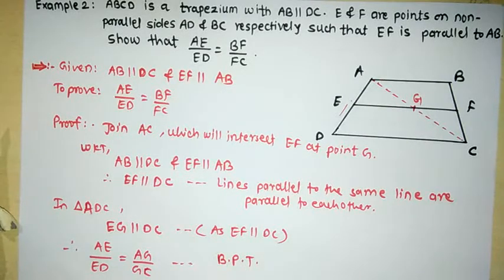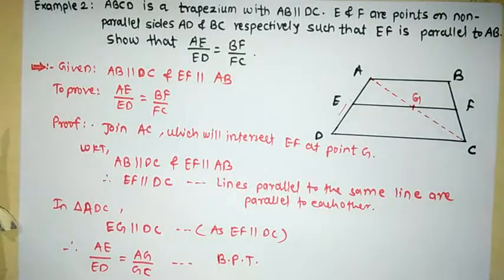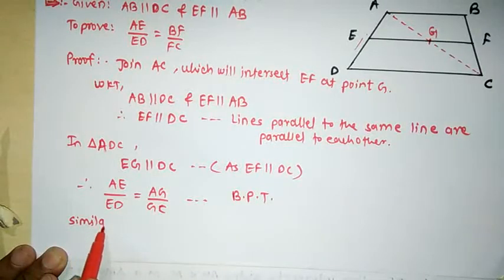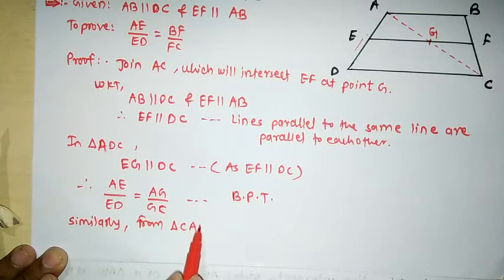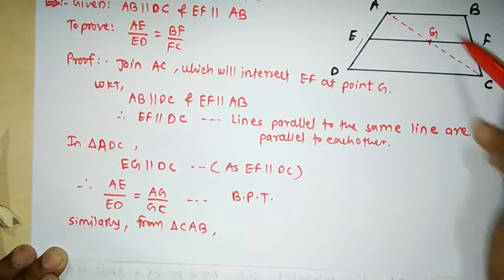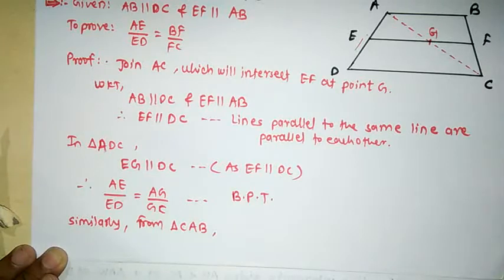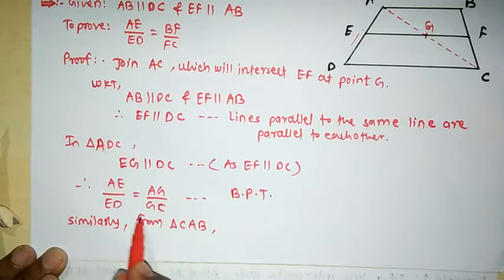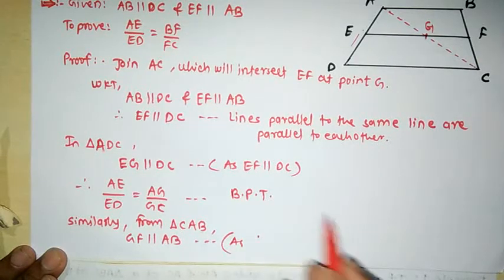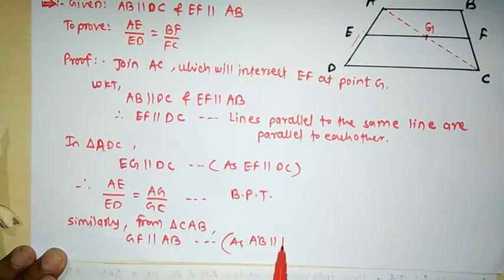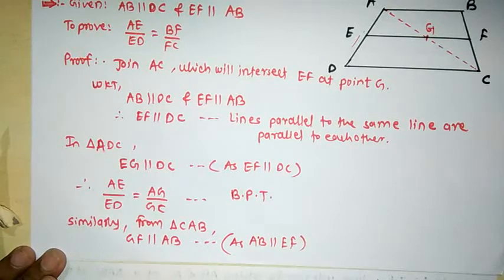Similarly, from triangle CAB, ये वाला triangle में देखो, GF parallel to AB, as AB parallel to EF.